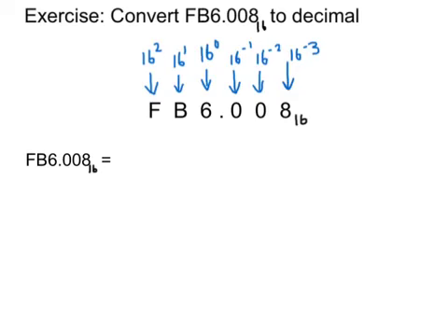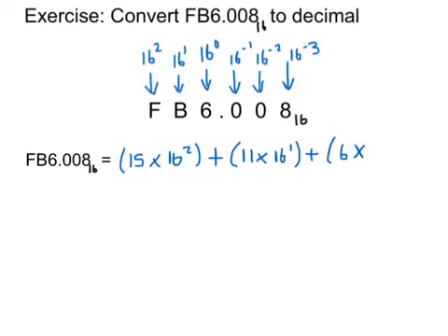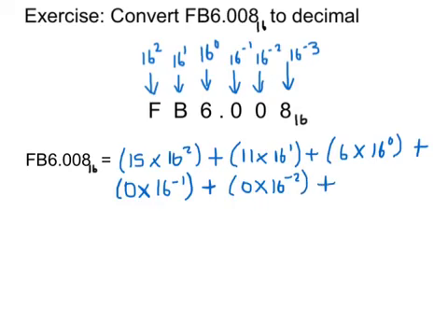Writing out the solution to this, we have FB6.008 base 16 is equal to, first we have F, and F in decimal is 15, so I'm going to write down 15 multiplied by 16 squared plus B, and B in decimal is 11, so 11 multiplied by 16 to the power of 1, plus 6 multiplied by 16 to the power of 0, plus 0 multiplied by 16 to the power of minus 1, plus 0 multiplied by 16 to the power of minus 2, plus lastly 8 multiplied by 16 to the power of minus 3.